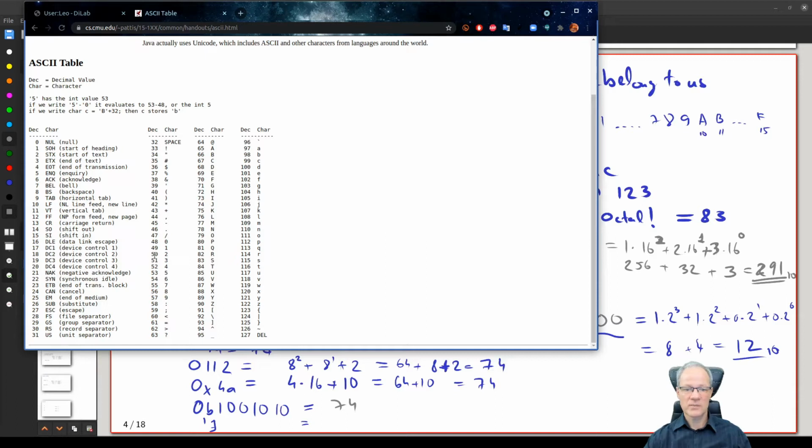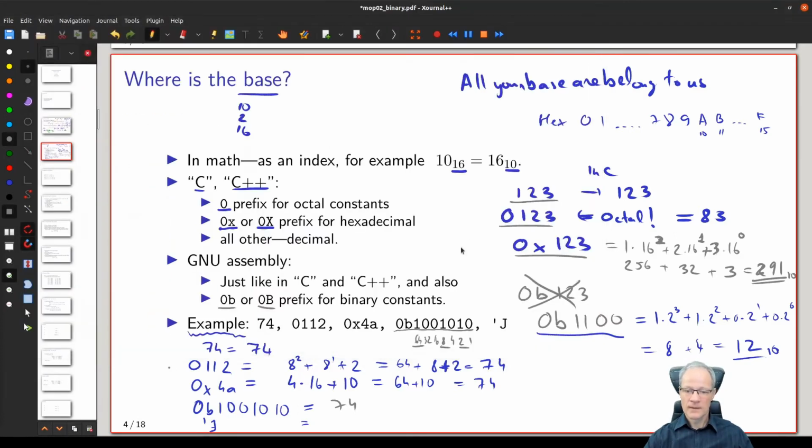Here the code is in decimal, for example. If we look for J in this table, the capital J, it's 74 again, all right? And if we were to look for the capital A, it's 65, for example, right? And so on. So the answer here is, once again, 74. All right?